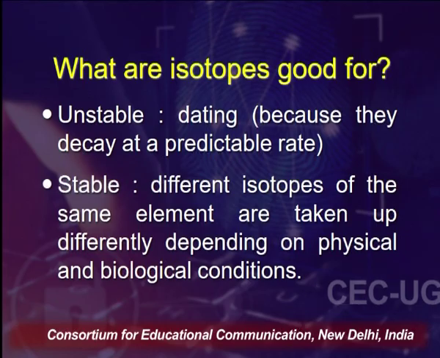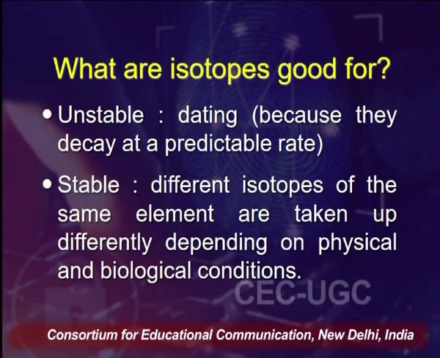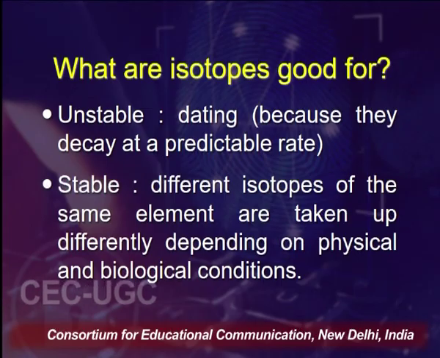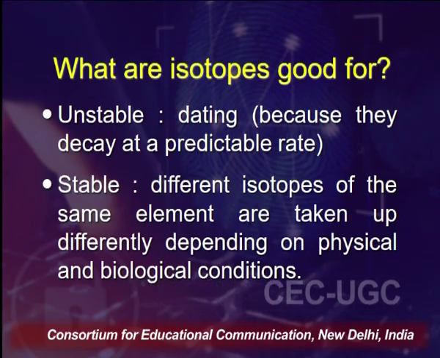So, what are unstable isotopes good for and what are stable isotopes good for? Unstable isotopes are used for dating because we know a predictable rate at which these isotopes decay. But for stable isotopes, different isotopes of the same element are taken up differently depending upon various physical and biological conditions.